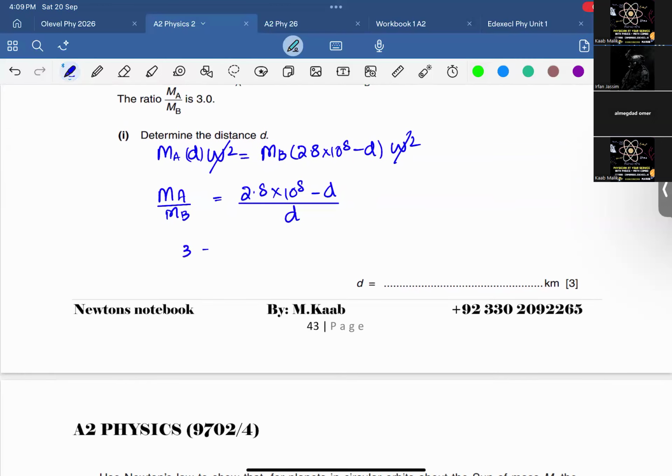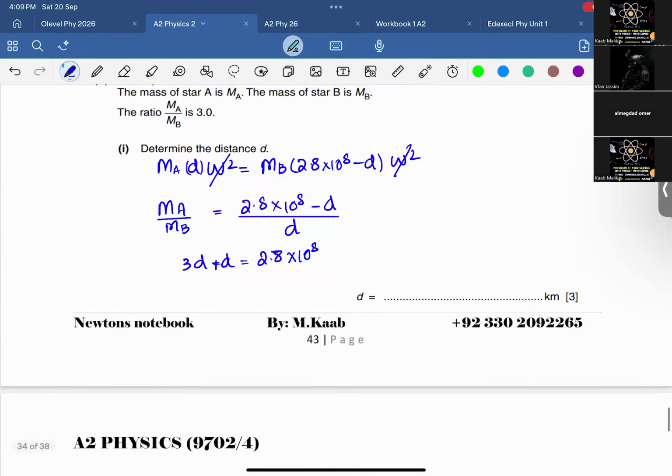So you can replace that with 3, and if you bring the d here, it is going to be 3d plus d equals 2.8 exponent 8. Then 4d, so d is going to be 2.8 exponent 8 divided by 4.